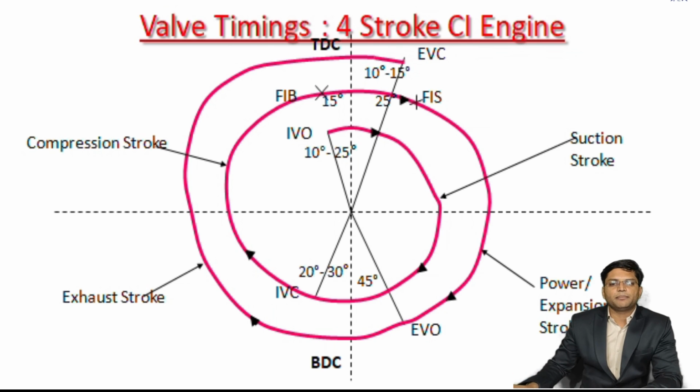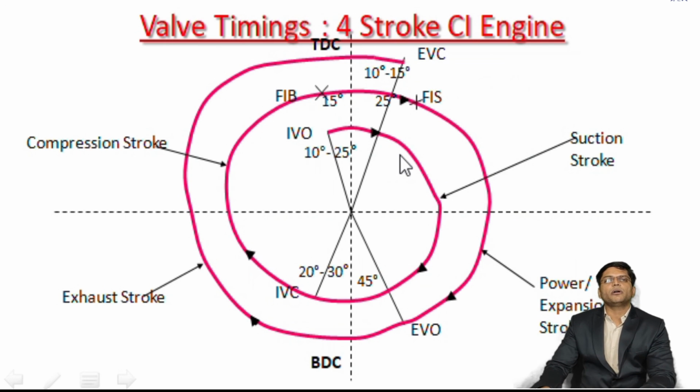So these ranges are provided, and nowadays these are adjusted automatically, for example by variable valve timing. These technologies are provided in advanced engines, and this is done to improve the volumetric efficiency. As volumetric efficiency improves, the thermal efficiency of the engine also improves. Hence we will get more power output. So this is all about the valve timing diagram for the four-stroke SI engine and four-stroke CI engine.